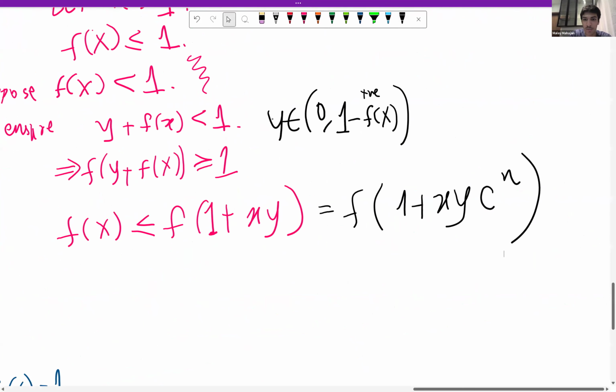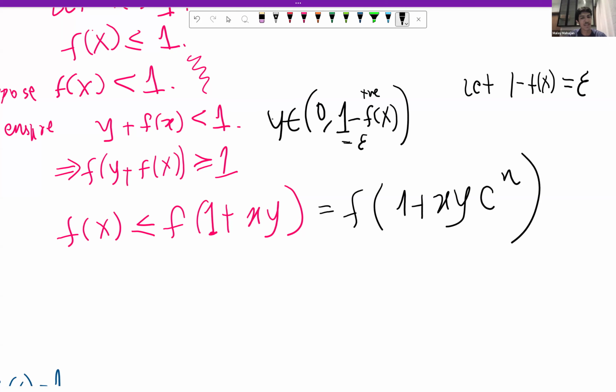So I'll formalize. Call 1 minus fx epsilon, which is positive. Don't worry, I won't be doing analysis. So for y in 0 to epsilon, remember epsilon is a positive number, think of it as half.